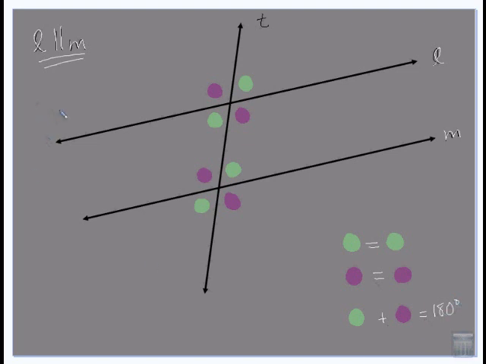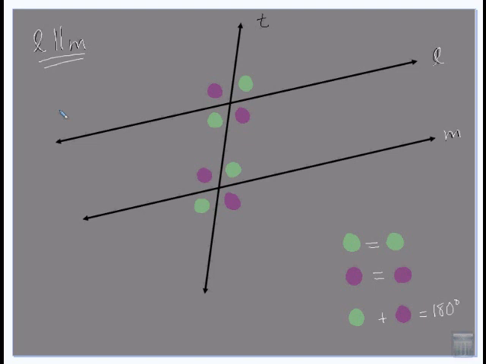So, when you have these 8 angles, it's kind of like a checkerboard. Do you see the checkerboard? Every other color. All of the purple squares have the same angle measure.